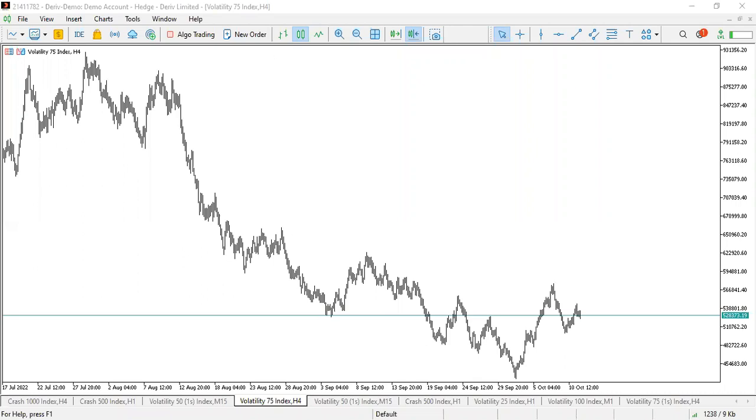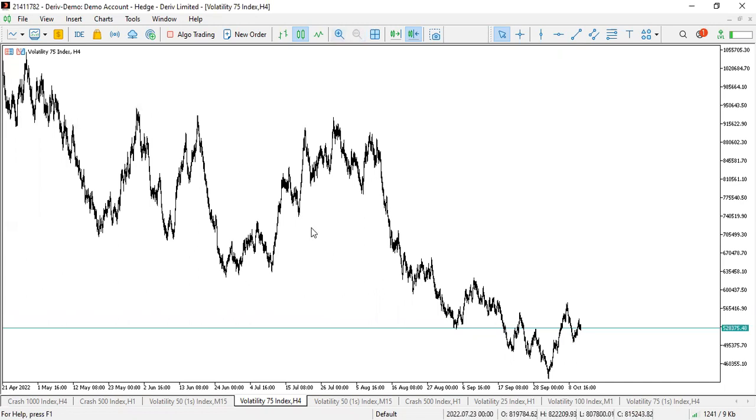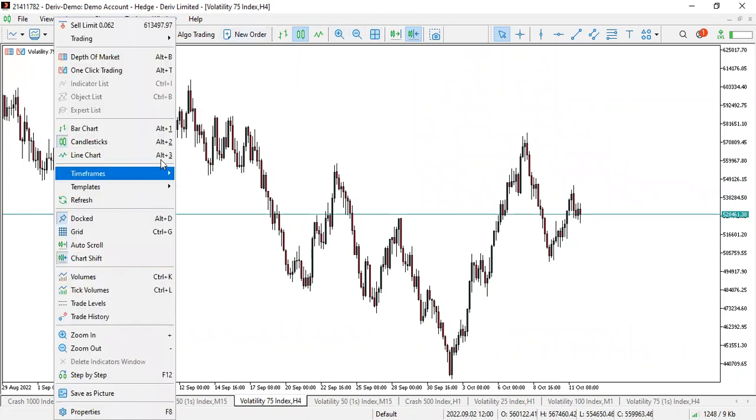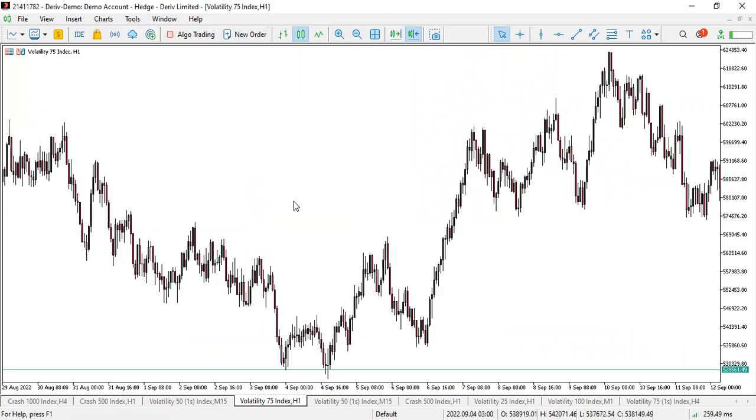So if you check, the Vix 75 was just trending down for some time. And then by the look of our order flow, let's go to the hourly chart. I just wanted to see how long it was trending on the 4 hours chart.